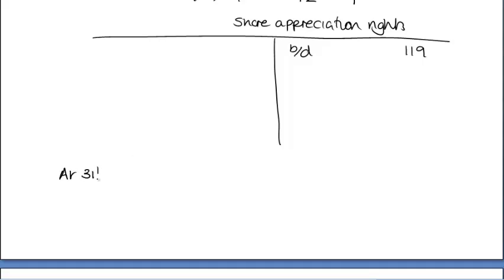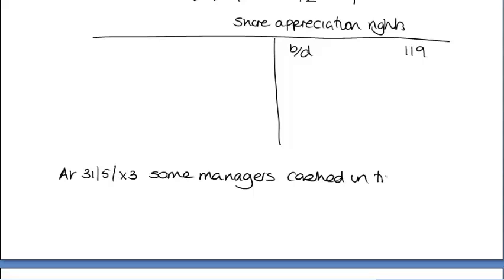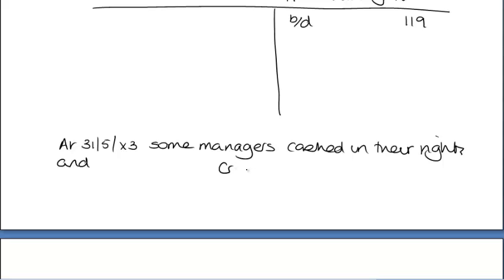So at the 31st of May X3, some managers cashed in their rights, and how much is that going to cost the company? Well, the company's going to have to credit cash.